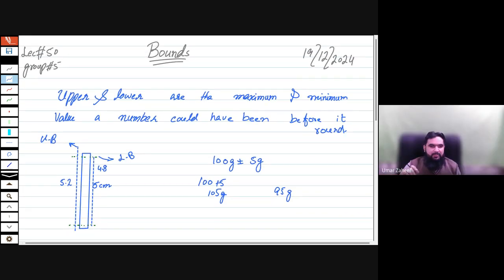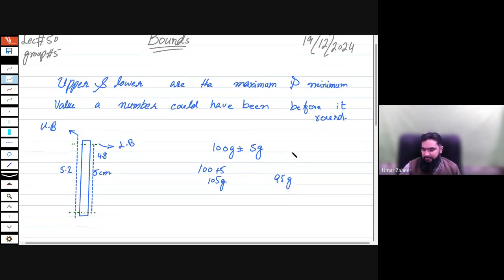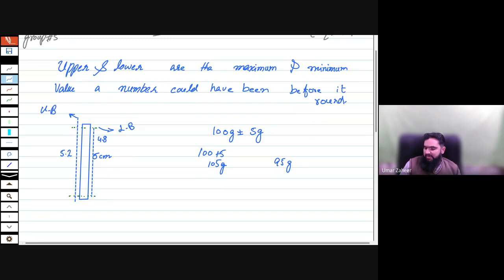So, in simple words, bounds is basically an error. We are just going to talk about error. For example, look here. It is 5 grams, so it is going to be plus 5 and minus 5. So the whole error is 10 grams.